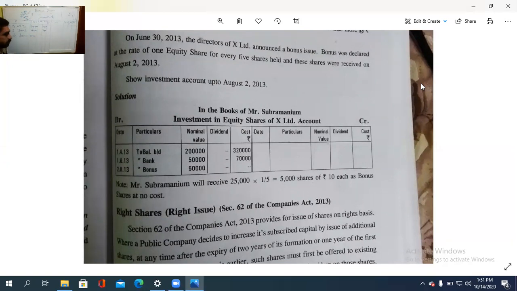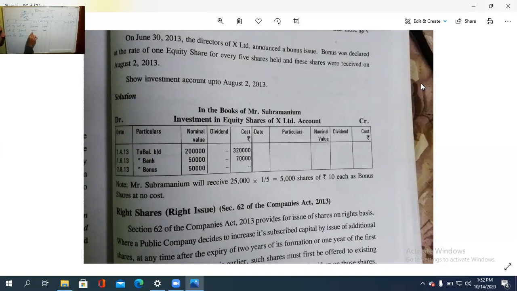So this is the case with regard to, on which day, 2nd August 2013. See, for every 5 shares held, and these shares were received on August 2. അപ്പോൾ ഇവിടെ ഓർക്കേണ്ട ഇത്രേ ഉള്ളൂ. ആദ്യം 20,000 പർച്ചേസ് ചെയ്തു 10 രൂപ വെച്ചുള്ള ഫേസ് വാല്യൂവില്, അതിന് 16 രൂപ വെച്ചാണ് ബുക്ക് വാല്യൂയിൽ എടുത്തത്. So principal value is 32 lakhs, nominal value is 20 lakhs. Then secondly, purchased 5,000 shares at rupees 10 each, book value is 14.